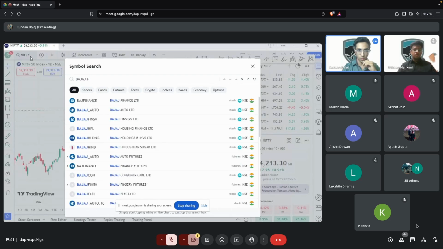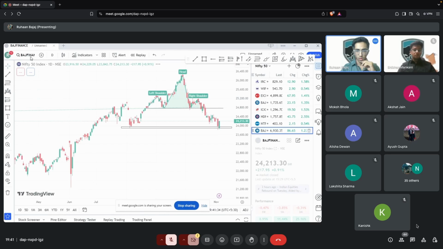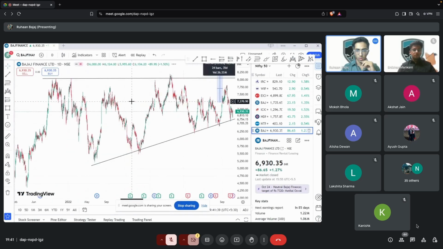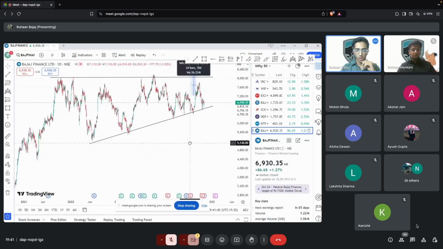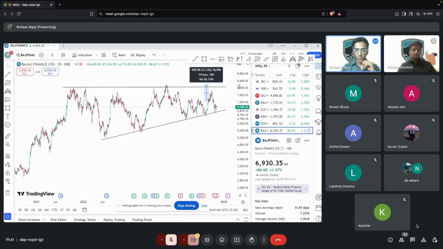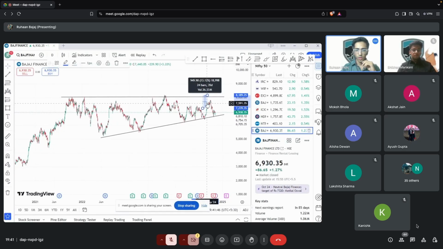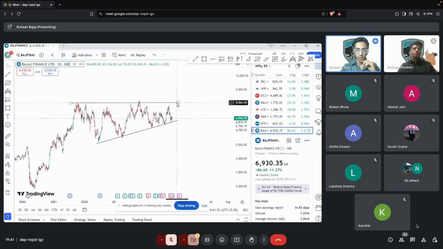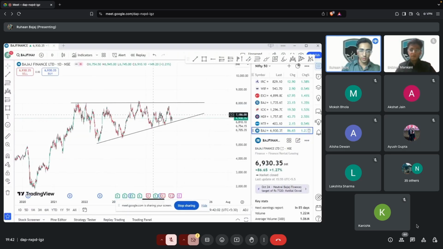For a symmetrical pattern, I'll take you to a symmetrical pattern here that is currently in formation, as I always have the charts already set up.